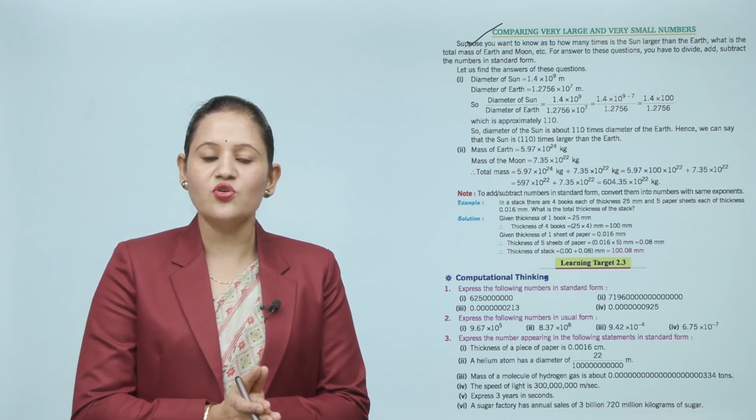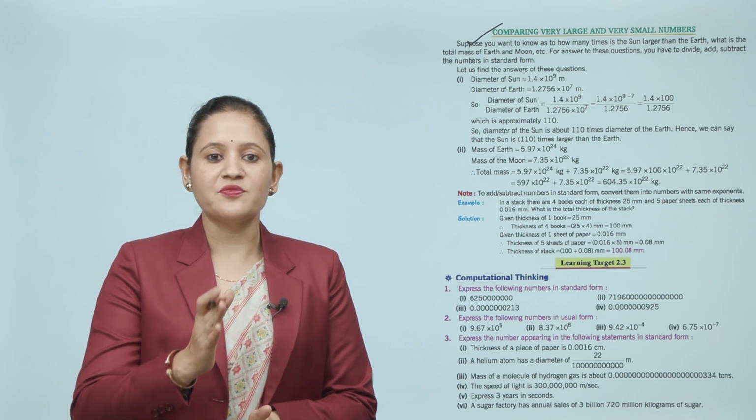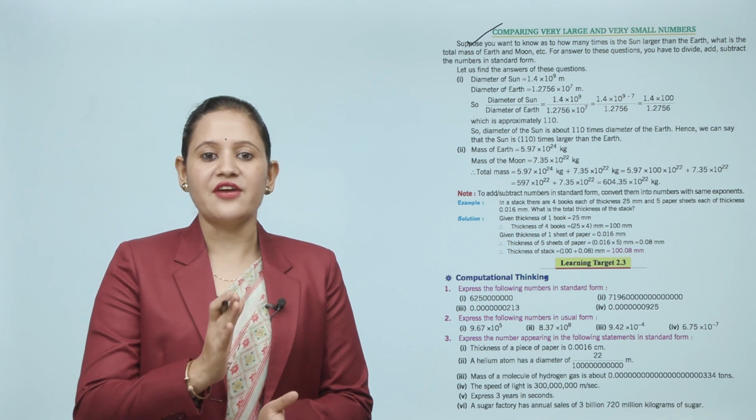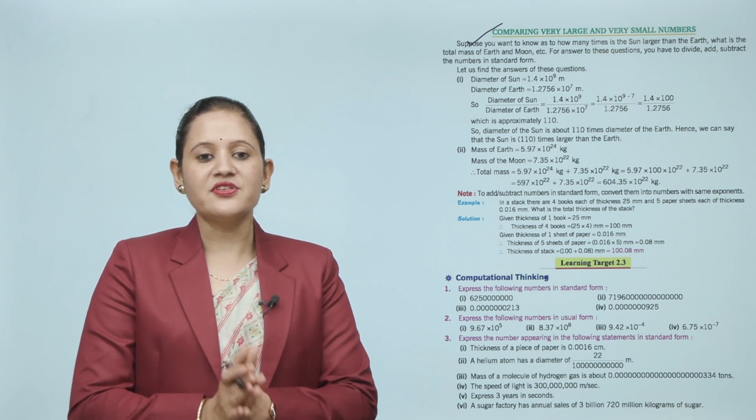Diameter of sun equals 1.4 multiplied by 10⁹ meter and diameter of earth is 1.2756 into 10⁷ meter.